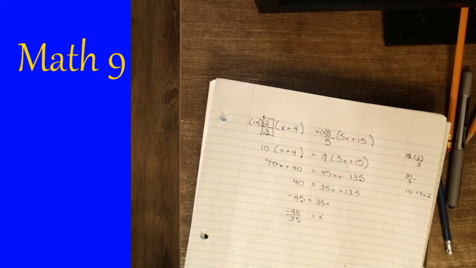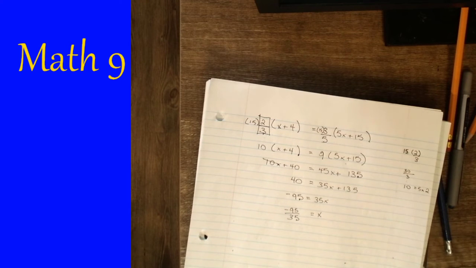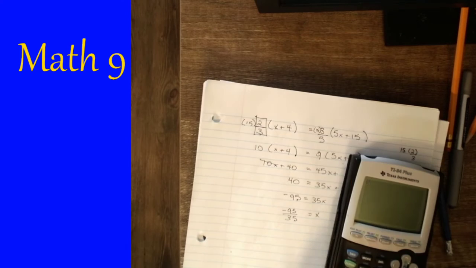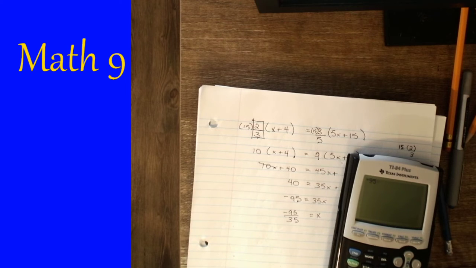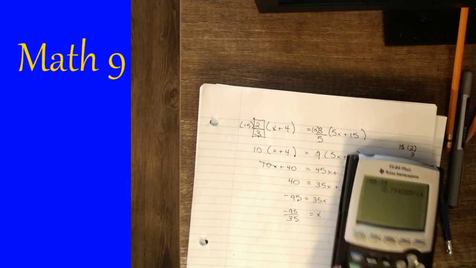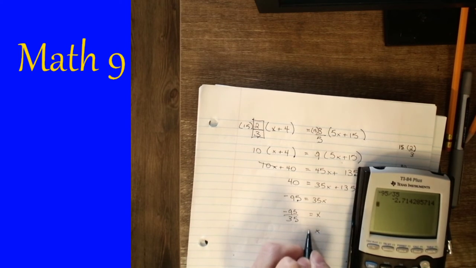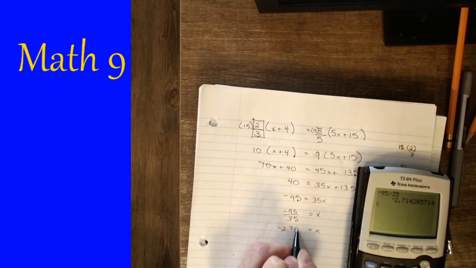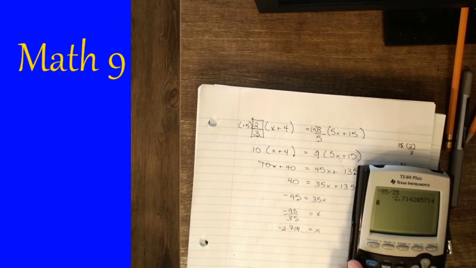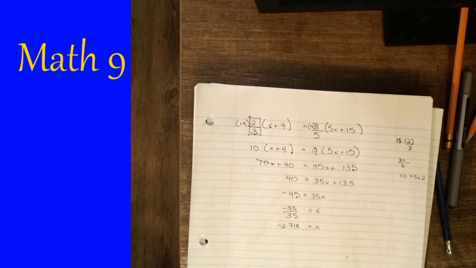It's a pretty messy fraction, so let's get a clearer picture of what that equals. So negative 95 divided by 35, we get roughly negative 2.714, and that will repeat, and so on and so forth. So that is our answer for that.